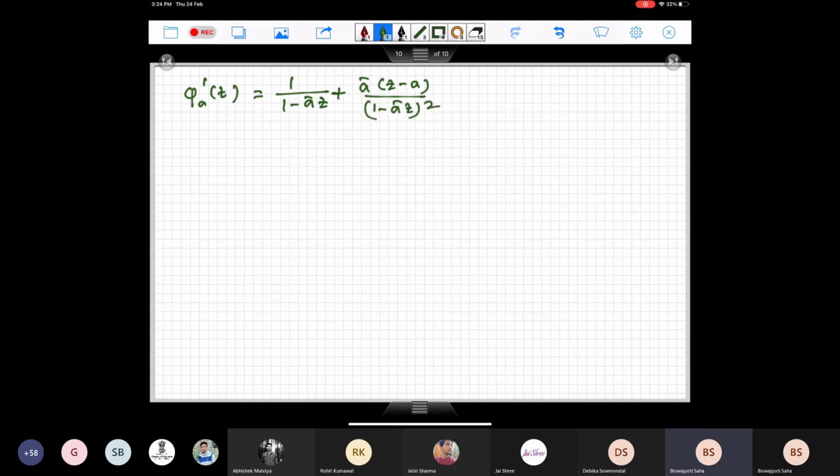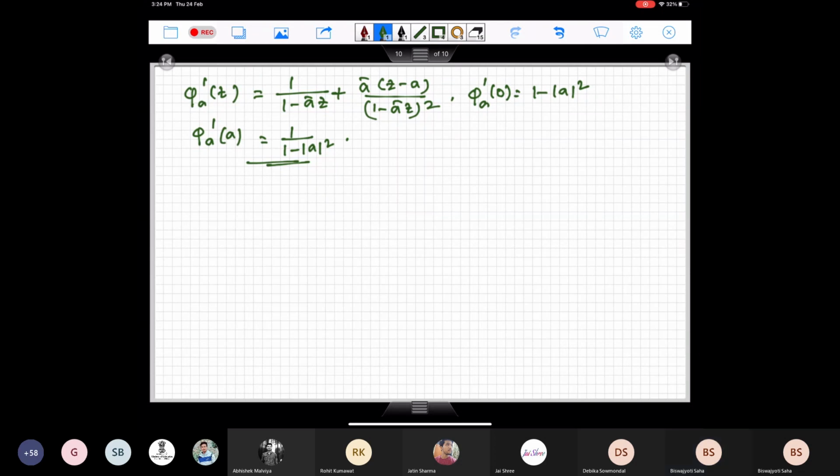Therefore I get that phi a prime at 0 is 1 minus mod a square, and phi a prime at a is going to be 1 by 1 minus mod a square. So the derivative at 0 and the derivative at a are reciprocal to each other.